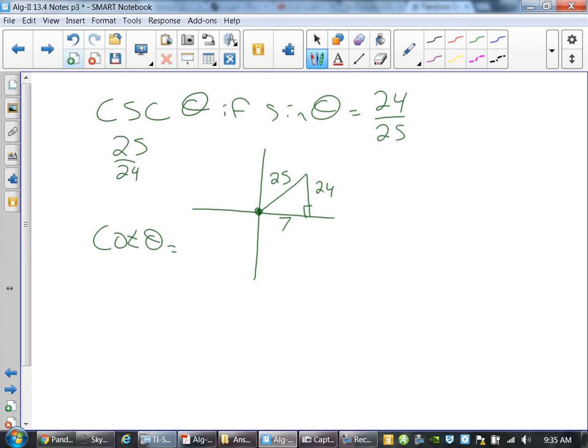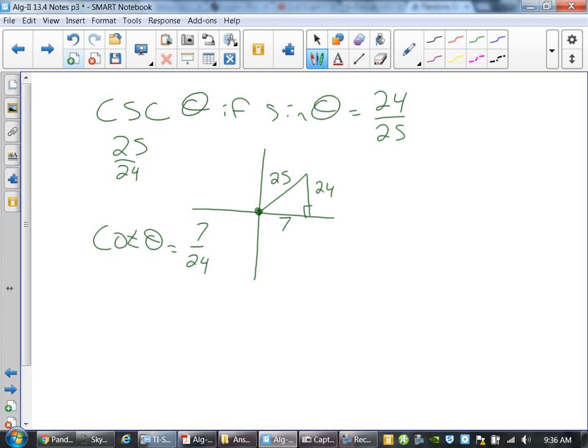So now, cotangent's the inverse of which trig function? Tangent. Tangent's opposite over adjacent, therefore cotangent is adjacent over opposite, 7 over 24. So cosecant when sine is 24/25 is 25 over 24. Yes, sir.